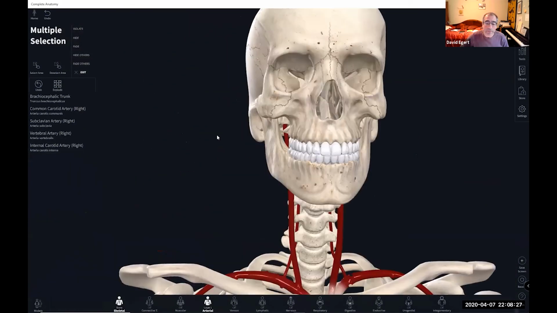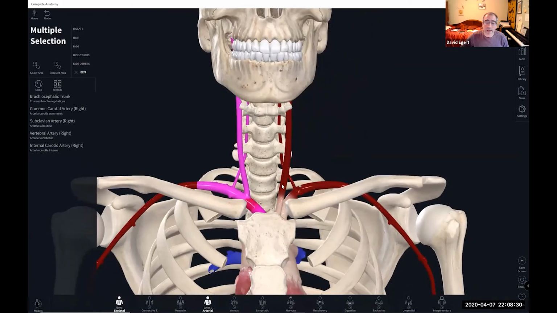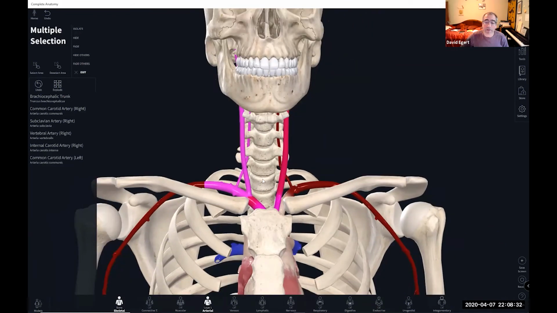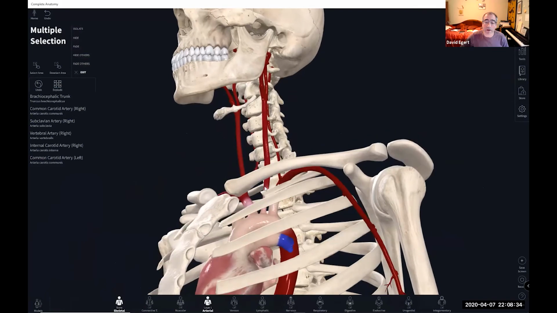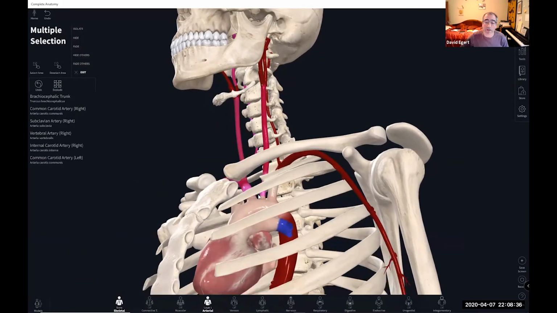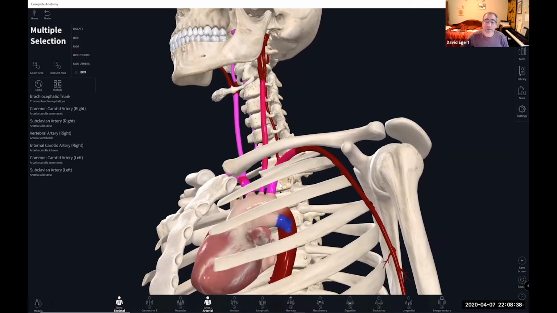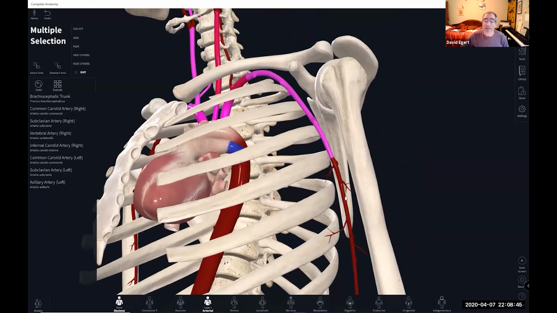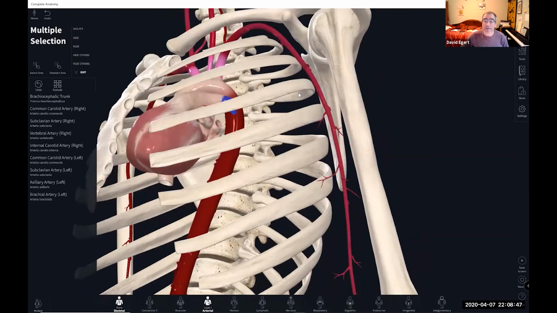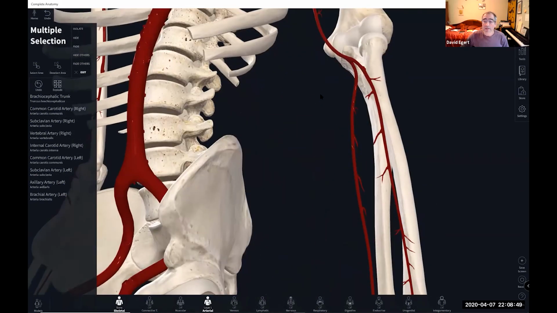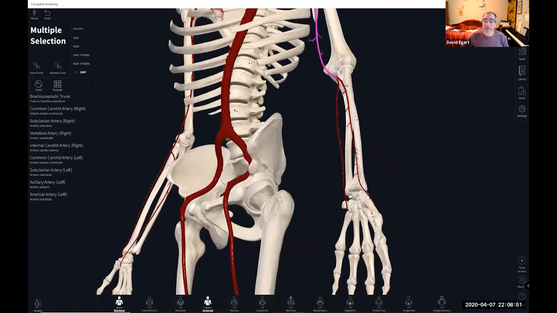Meanwhile, on the left side, you have the left common carotid coming straight off of the aorta here, and the left subclavian coming straight off of there. Left subclavian turns into the axillary and turns into the brachial. Brachial then goes into the, whoops, no, I don't mean the bone.